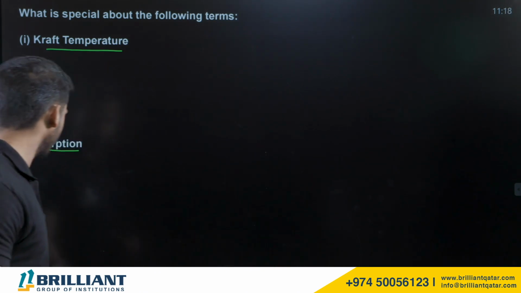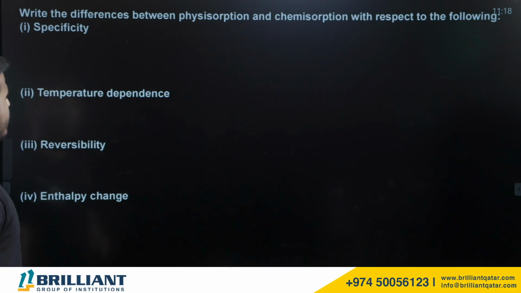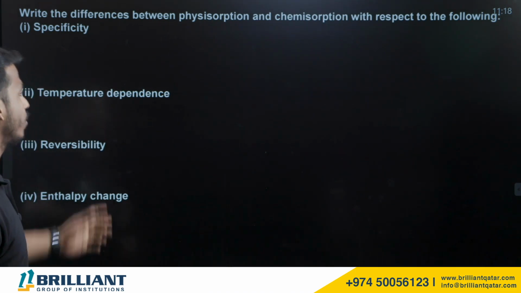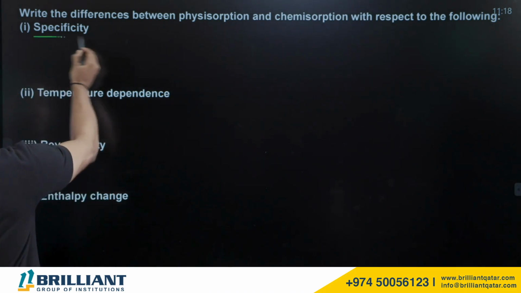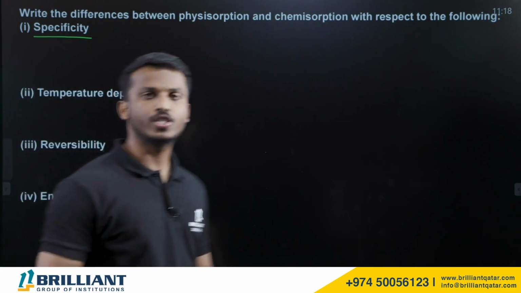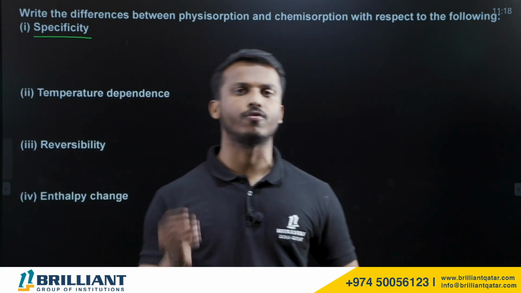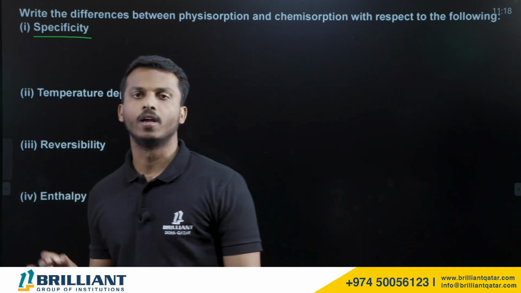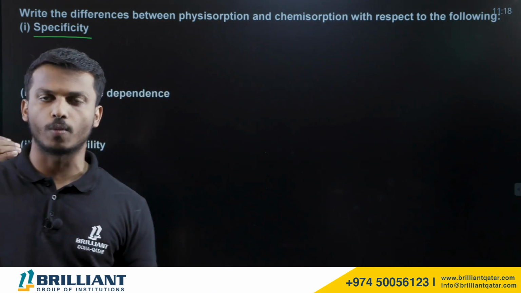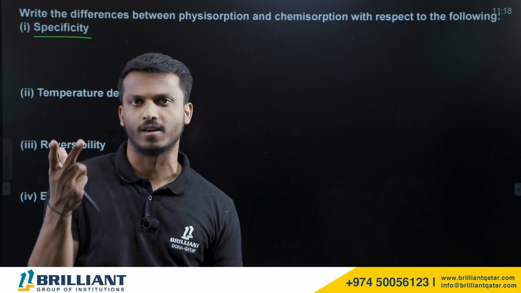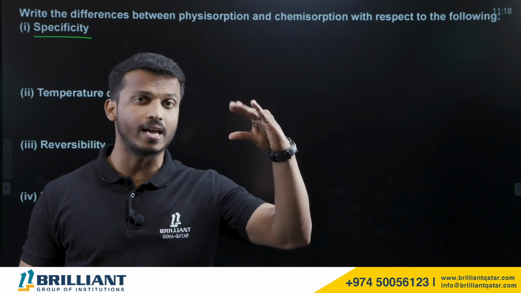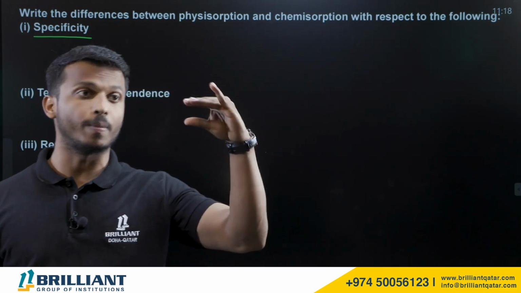Write the differences between physisorption and chemisorption for the following terms. Specificity: physisorption is not specific. Any adsorbate particle can adsorb on the adsorbent because the bond is very weak. But chemisorption is a chemical reaction, so the adsorbate and adsorbent are specific.